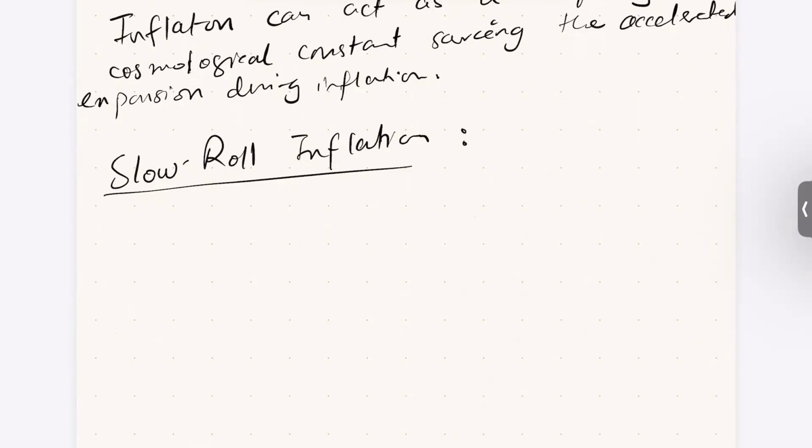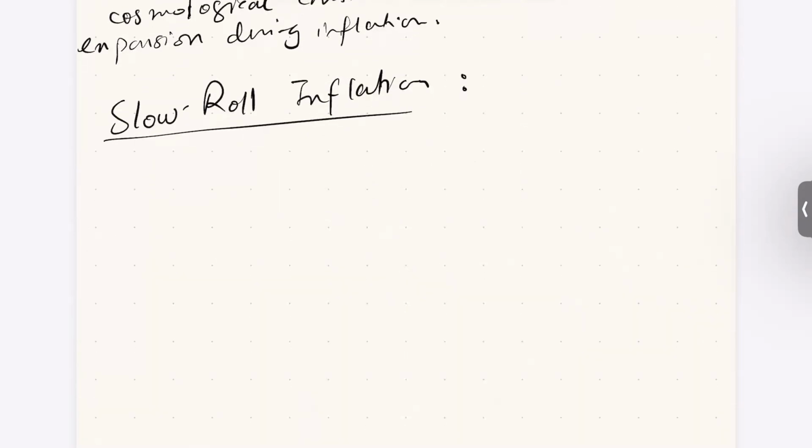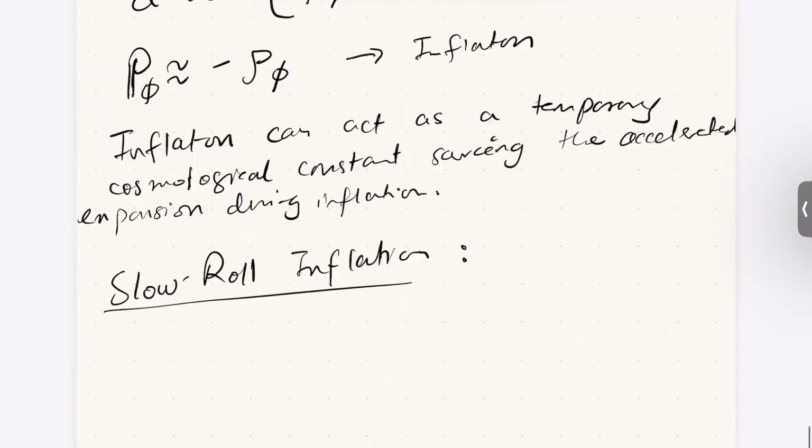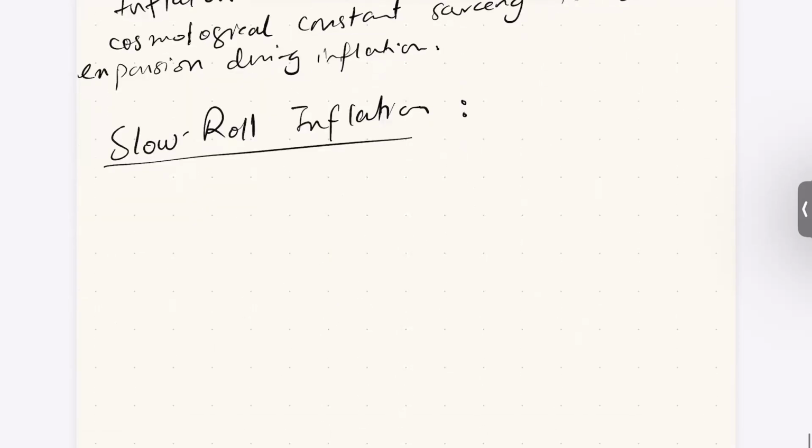In fact, it will be evident in a bit as well. Now, the proper dynamics of inflation will be determined by the combination of the Friedmann equations, which are the solution of the Einstein field equations, and also the Klein-Gordon equation that we have solved right now, because that is also an equation of motion. So therefore, the two equations that are important for the dynamics of this particular era are the Friedmann equations, which are given by the following.